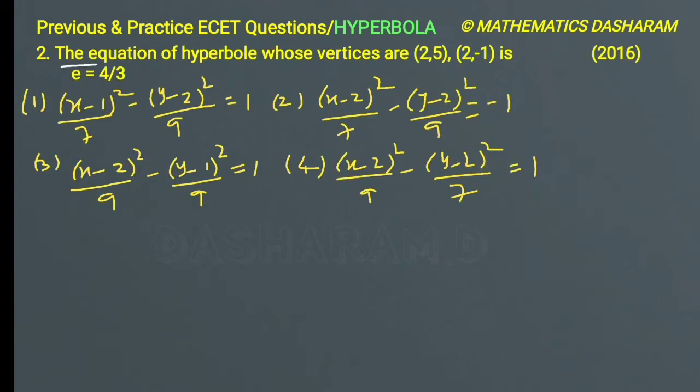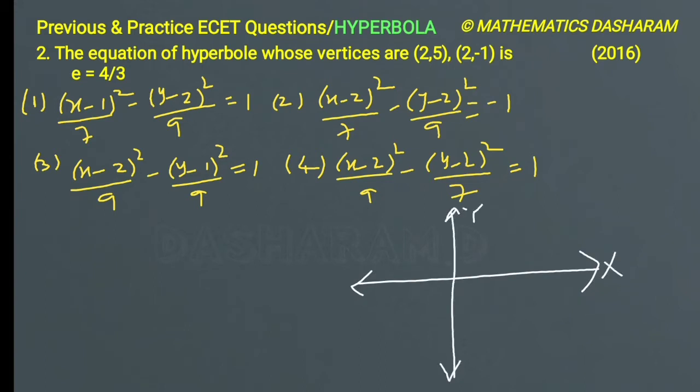Second question, the equation of a hyperbola whose vertices are 2 comma 5 and 2 comma minus 1, and eccentricity is 4 by 3. So let's draw a diagram. Here is the x-axis and this is the y-axis.